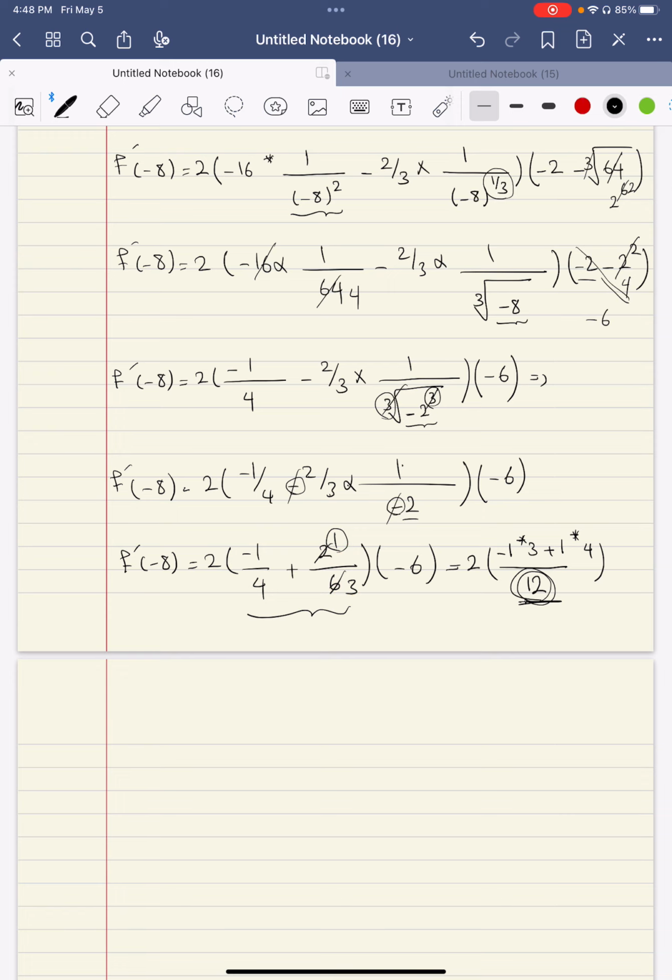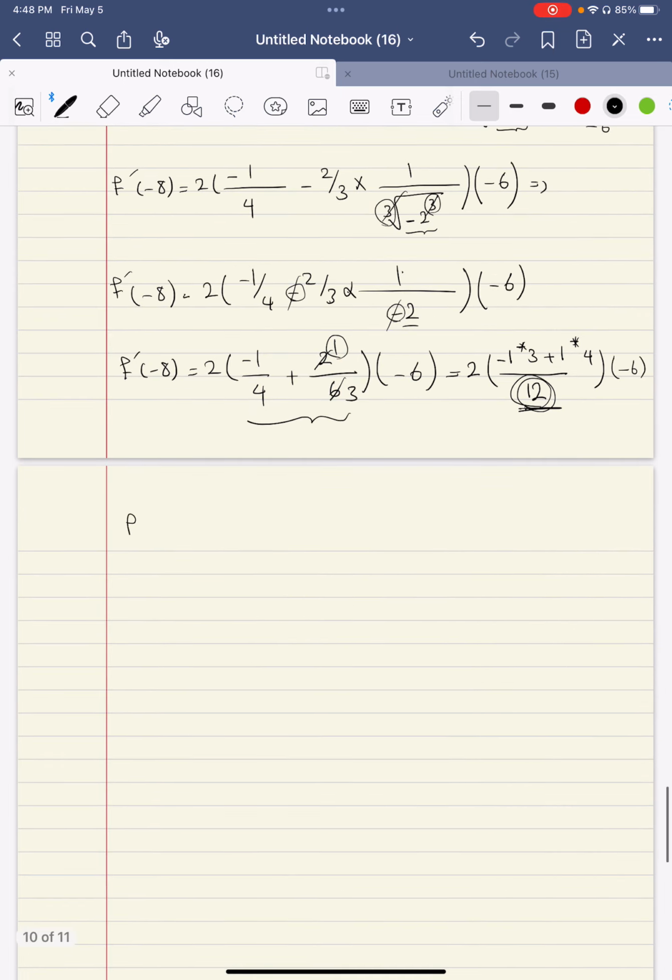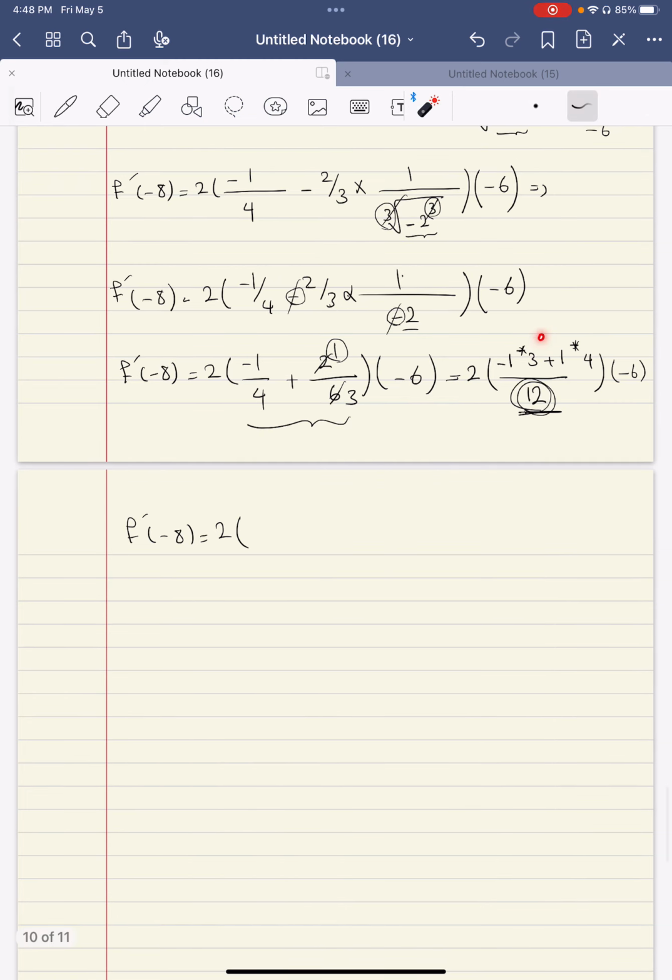And I should adjust both values, times negative 6. So f prime at negative 8 would be 2 times negative 1 times 3 is negative 3, and 1 times 4 is 4.